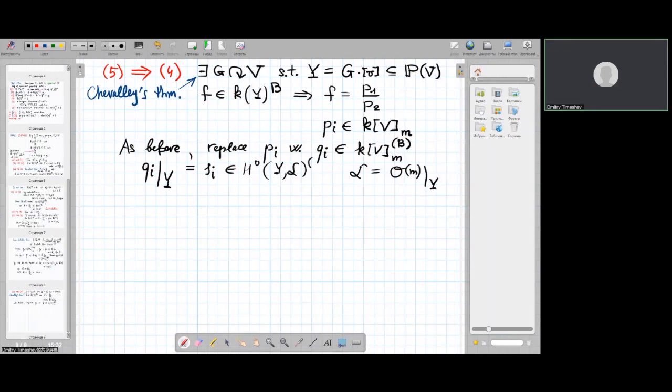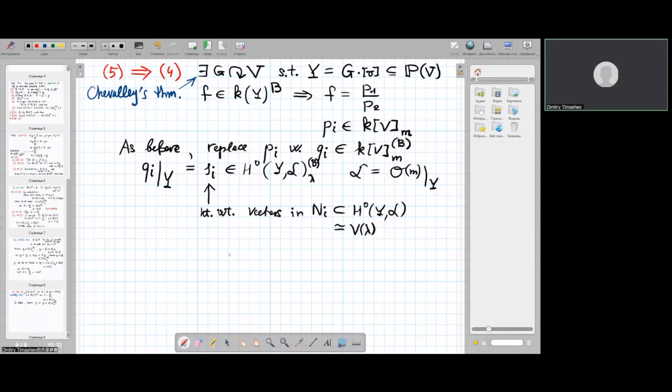And these are not just sections, they are B semi-invariant sections of one and the same eigenweight, because their ratio is a B invariant rational function, as before. This means, as before, that these two guys are highest weight vectors in some irreducible G submodules in this space of sections, which are isomorphic to one and the same irreducible G module V of lambda.